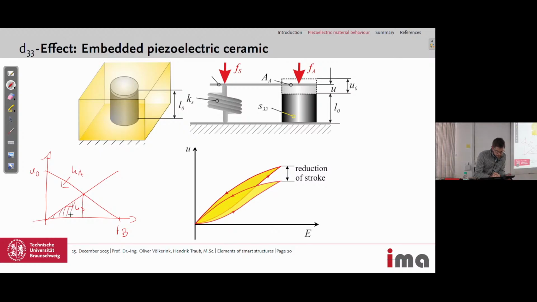This was the work capacity, and then we can see, compared to, so we have a reduced stroke here if we look at the stroke. So this is the new achievable U, and this would be here compared to U0, a high U, and with this surrounding material, we have a lower, maybe right here, EMB for embedded, a lower displacement we can achieve.